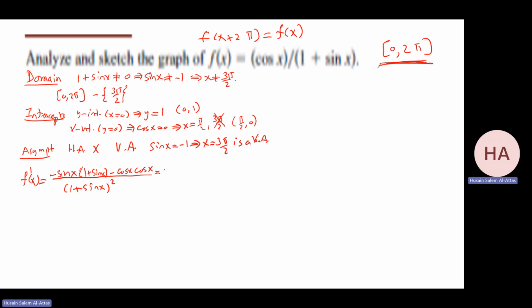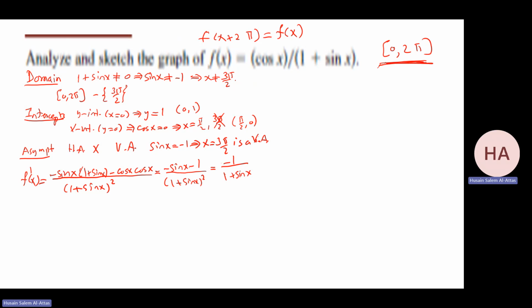Minus sine squared minus cosine squared, that is -1, over this. In other words, this is -1 over 1 plus sine x. Interesting.